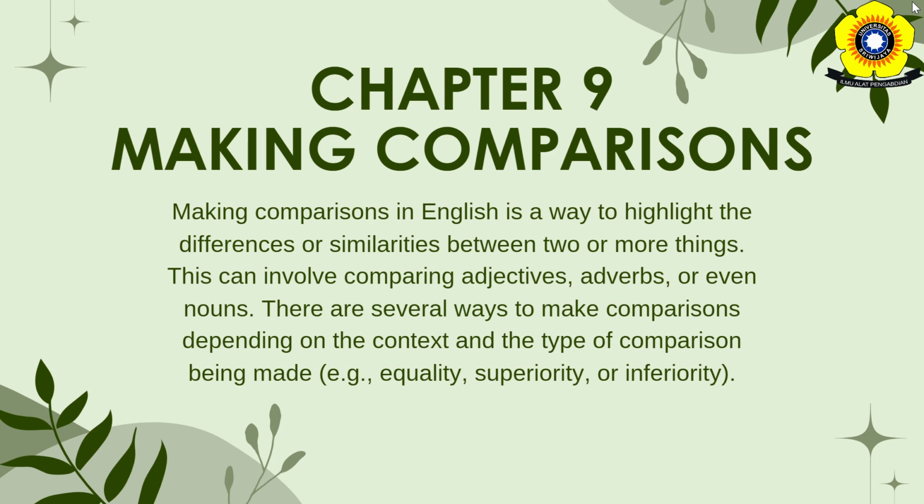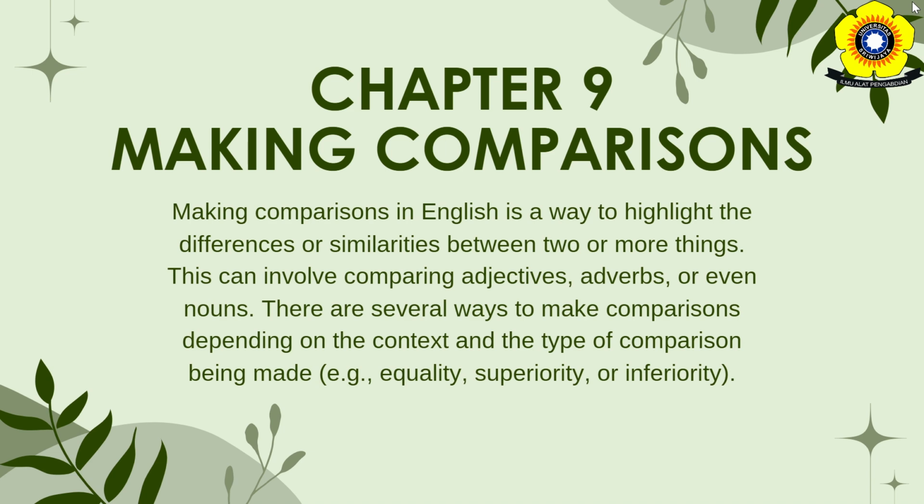Chapter 9: Making comparisons. Making comparisons in English is a way to highlight the differences or similarities between two or more things. This can involve comparing adjectives, adverbs, or even nouns. There are several ways to make comparisons depending on the context and the type of comparison being made.